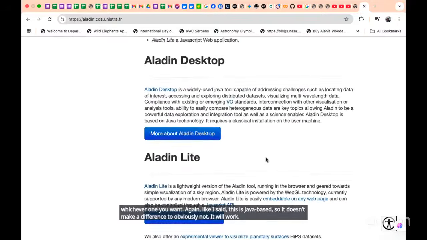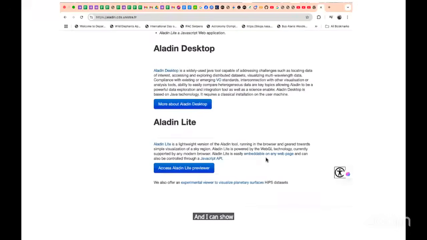I can show you, for example, you open it, you'll get something like this. It's opening. Basically it's an image display software.